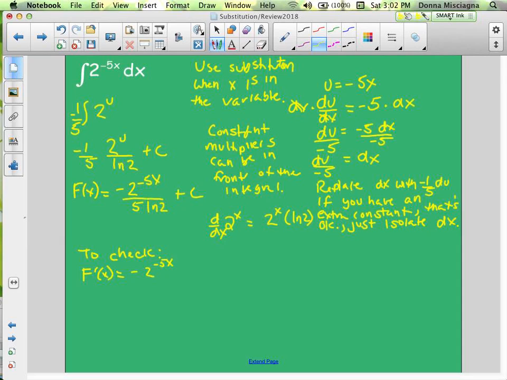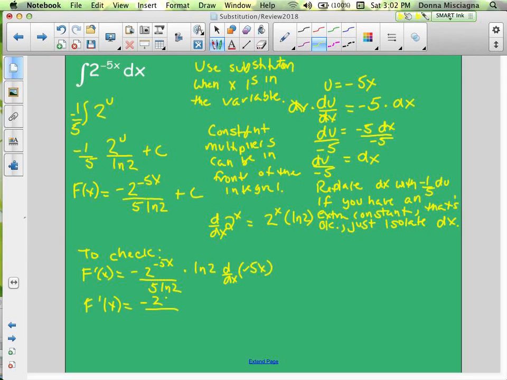In the denominator, the 5 and the natural log of 2 are just part of the coefficient in front, and that still stays there. But now we need to multiply by the natural log of 2, and then times the derivative of the negative 5x. Let me take the derivative of the negative 5x, and then we'll start canceling everything out.